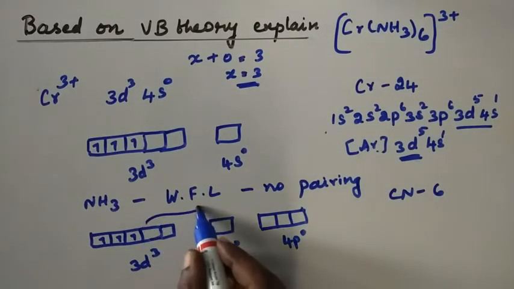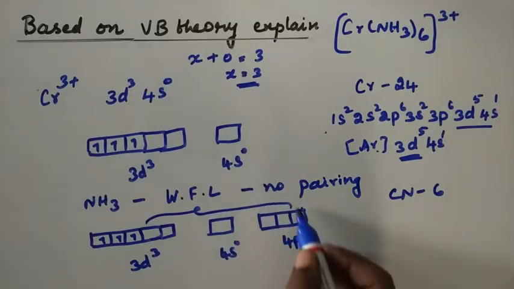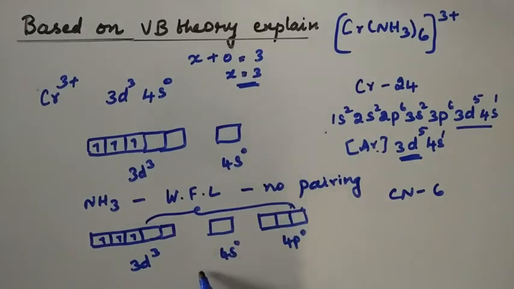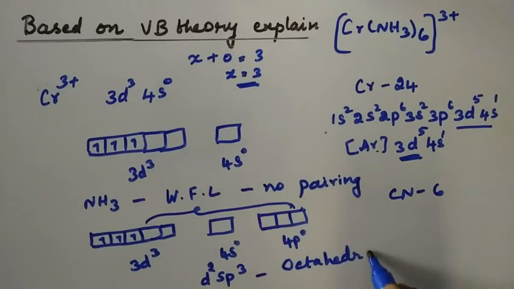So these vacant orbitals hybridize and form new orbitals. So the hybridization is d2sp3 hybridization, and the geometry, the shape, is octahedral.